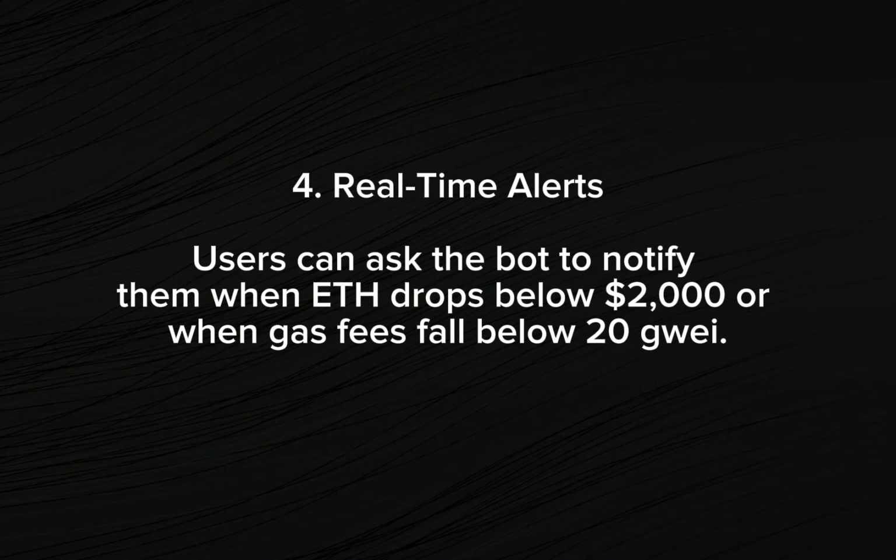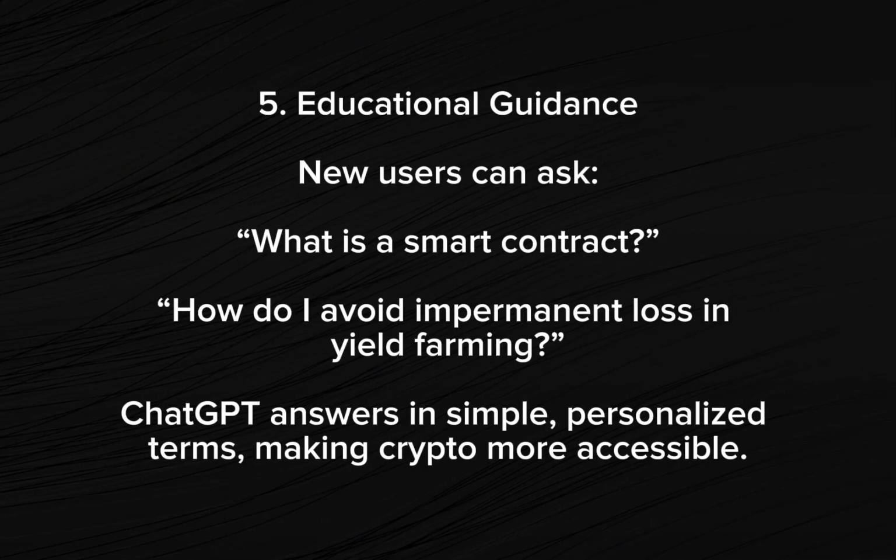Users can ask the bot to notify them when ETH drops below $2,000 or when gas fees fall below 20 Gwei. 5. Educational guidance. New users can ask, what is a smart contract? How do I avoid impermanent loss in yield farming? ChatGPT answers in simple, personalized terms, making crypto more accessible.